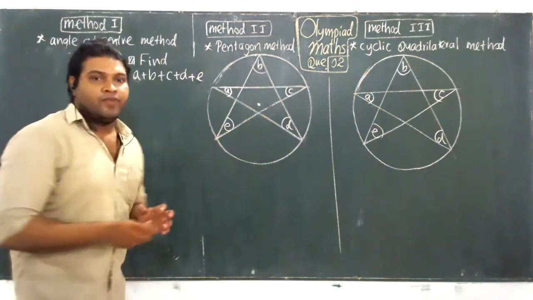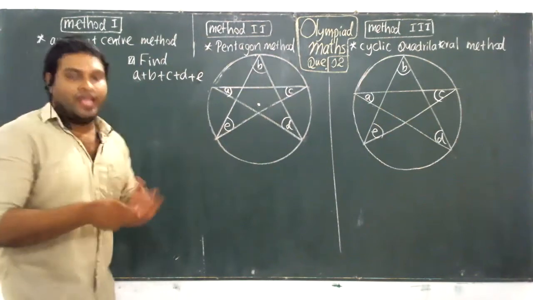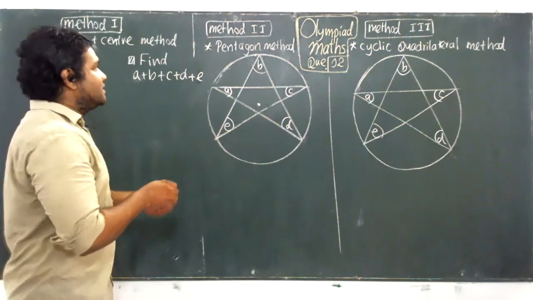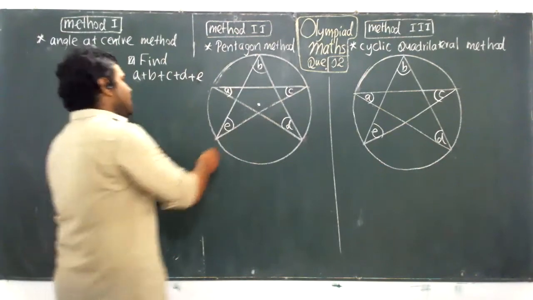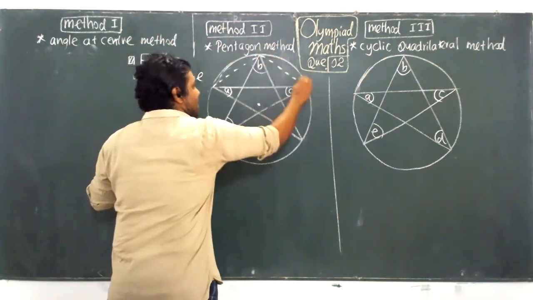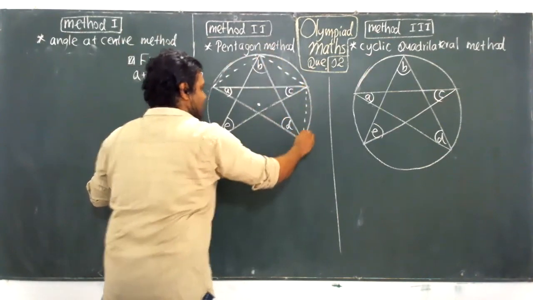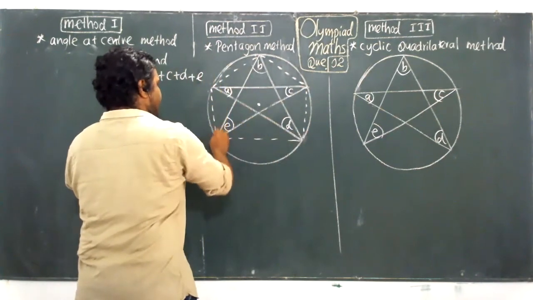We will check whether we are able to find the 180 by following a different way. The way is the pentagon method. What is a pentagon? We will see this. Just if we construct like this.